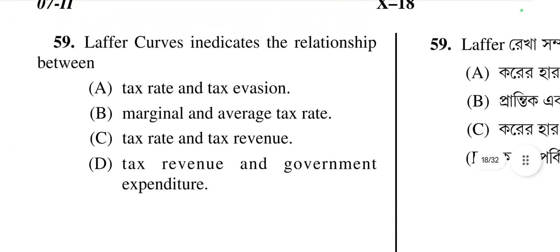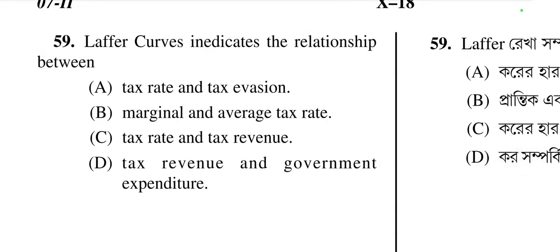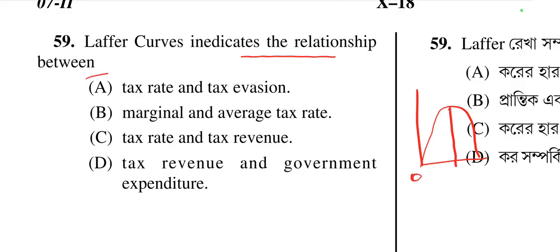Then come to question number 59. The Laffer curve indicates the relationship between tax rate and tax revenue. If the tax rate is 0, then tax revenue is also 0. If the tax rate is 100%, then tax revenue is also 0.